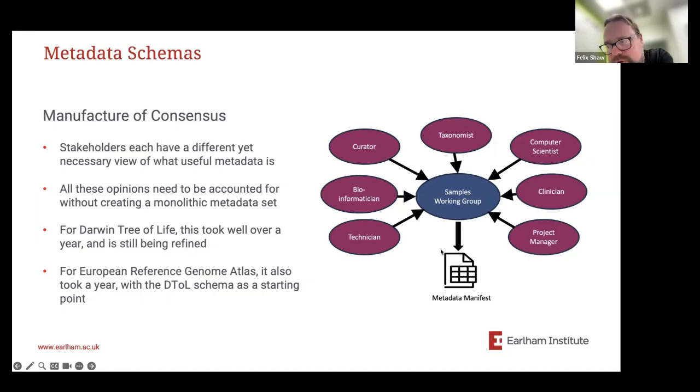And so I've recently, over the last few years, worked with two large consortia, one called the Darwin Tree of Life and one called the European Reference Genome Atlas.